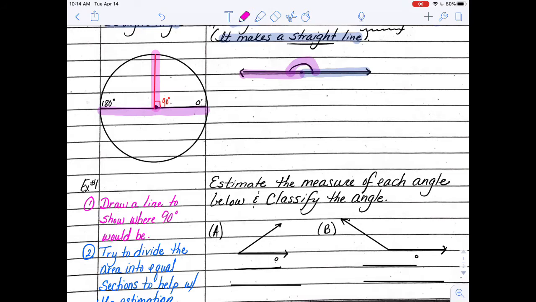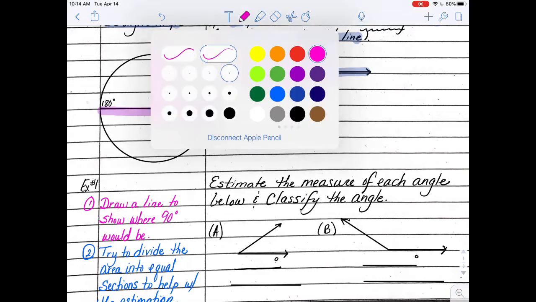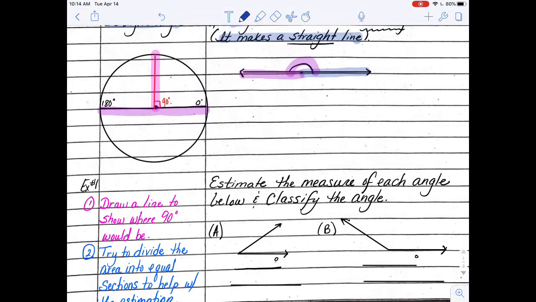So when I'm estimating angles, I can tell which one's under 90, which one's over 90, depending where it would be on that circle. And again, if I had a circle and I cut this 90 degrees in half, well, that would mean that this part right here would be about 45 degrees. So that's where a 45-degree angle is.